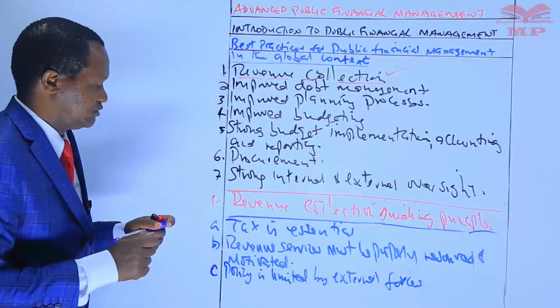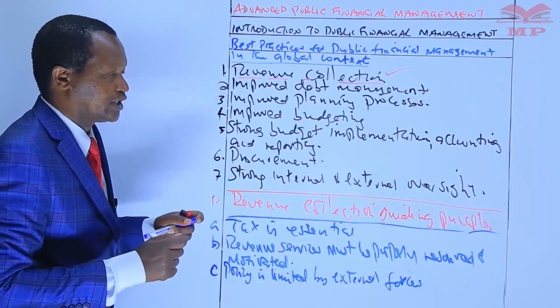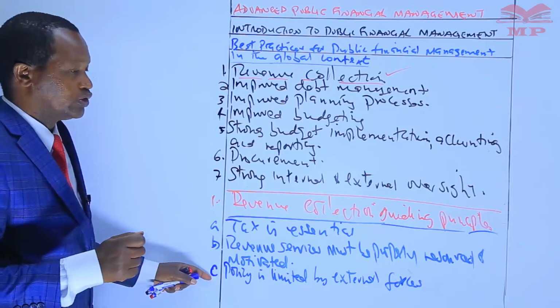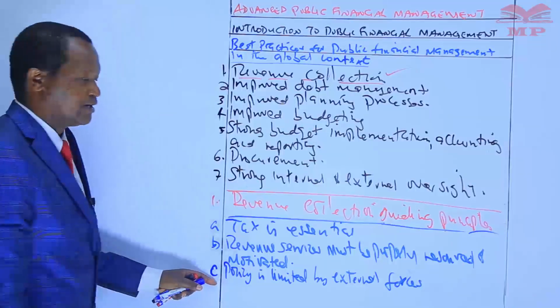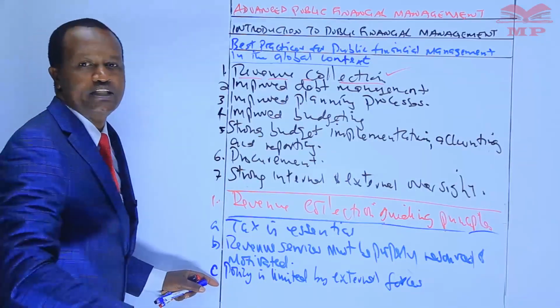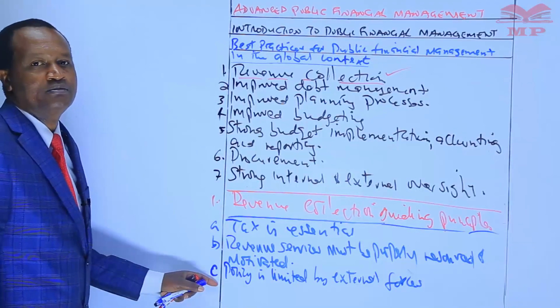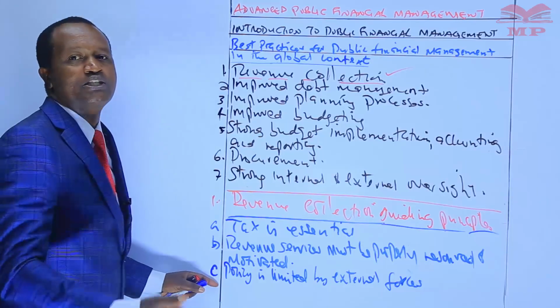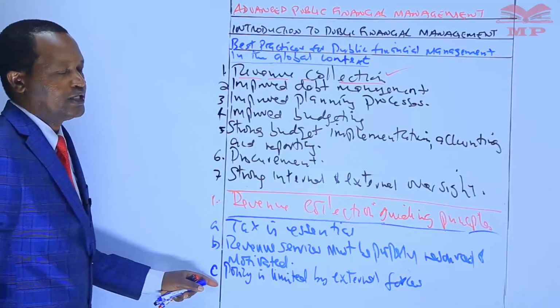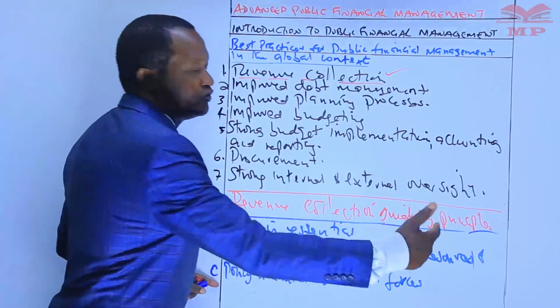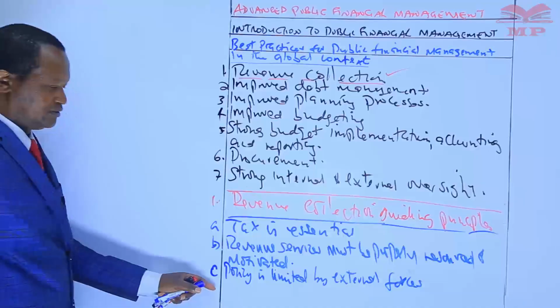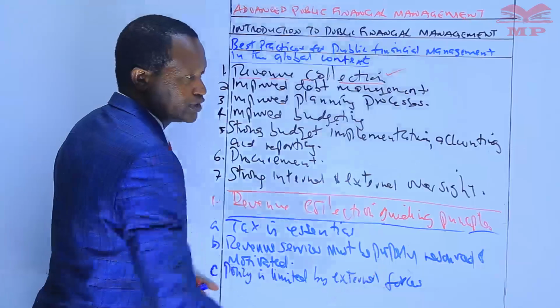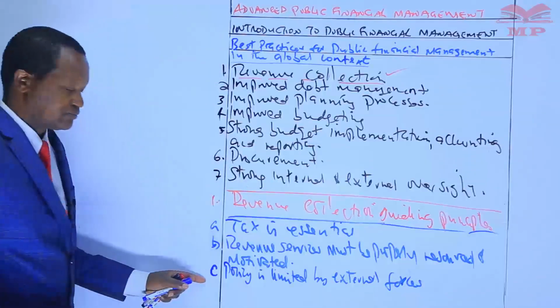So that's why government should not concentrate so much on increasing the tax rate, but on checking the efficiency with which tax is collected and the reach of the tax net, broadening the tax net so that many people can be brought into the tax bracket.